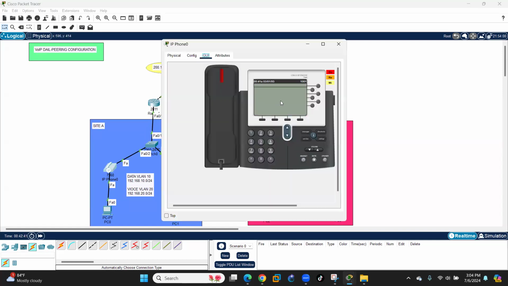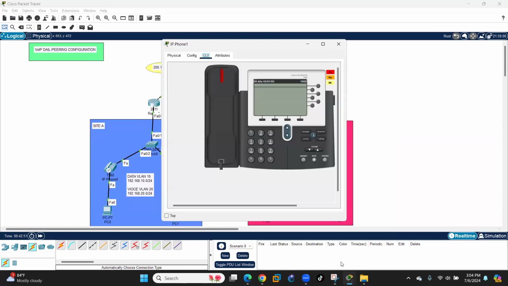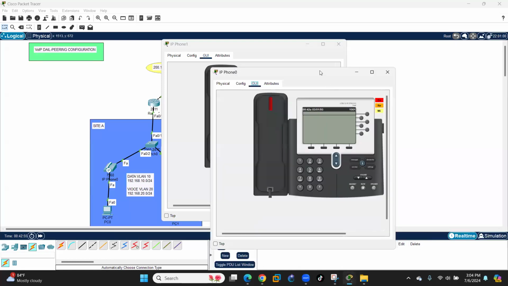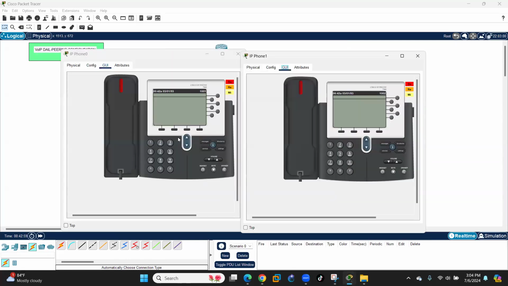You can see now we have the number 1001. This one has 1002. You can see 1001, 1002. Now let me dial 1002.